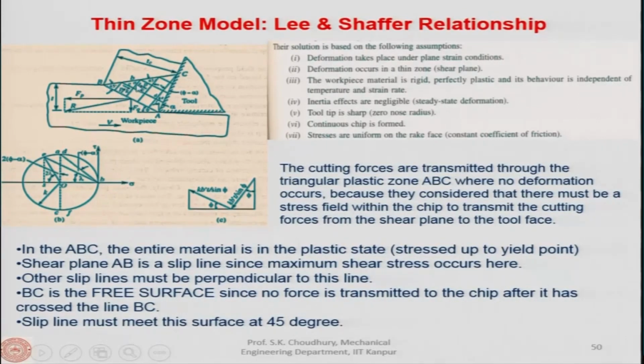This line is designated as D, and this line which is parallel to the AB is designated as C, and so on. So, we will find A, B, C, D.